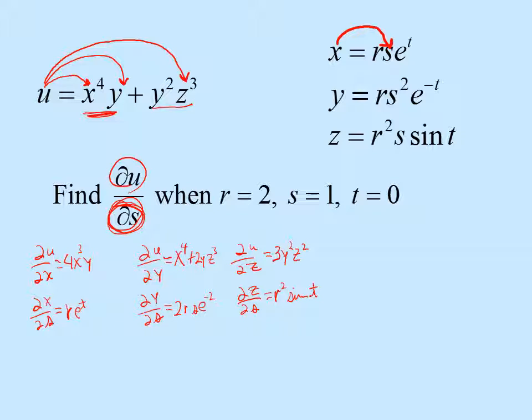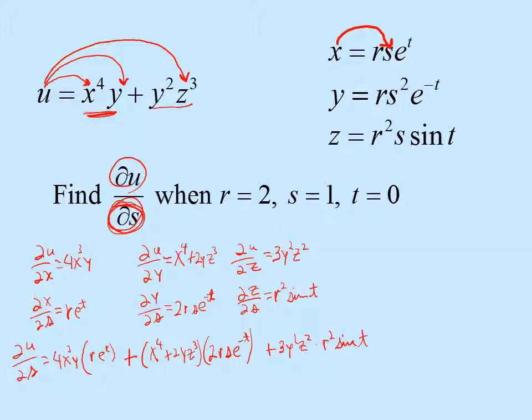So this would come out to be, I'm just going to write it all out, the partial of u with respect to s would come out to be a 4x cubed y times re to the t plus an x to the 4 plus 2yz cubed times 2rs e to the negative t, plus 3y squared z squared times r squared sine t.